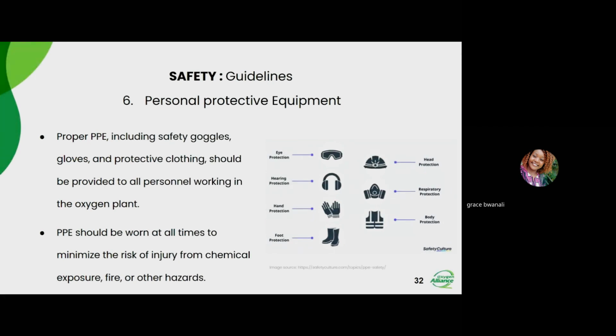So you need to make sure that you are safe, and that's what we follow every time we are entering the plant. That's the safety protocol. We are supposed to wear these gears, so we always follow that.